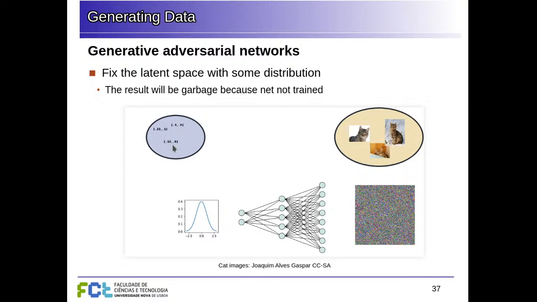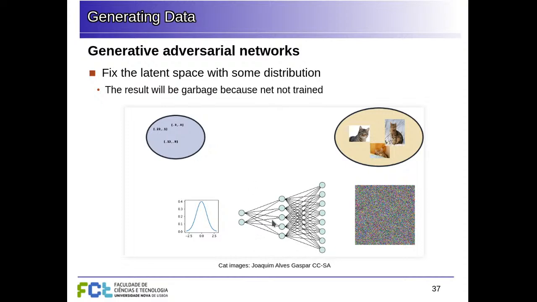This is the idea behind generative adversarial networks, which is to consider that the distribution of the latent space is, for example, a set of normal distributions, and we are going to sample from this and pass through the decoder and generate an image.